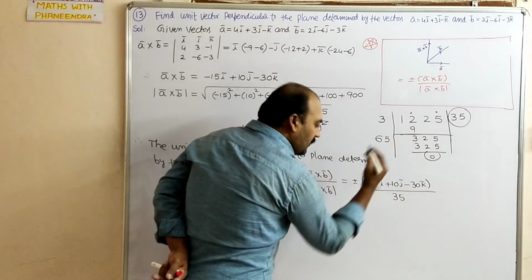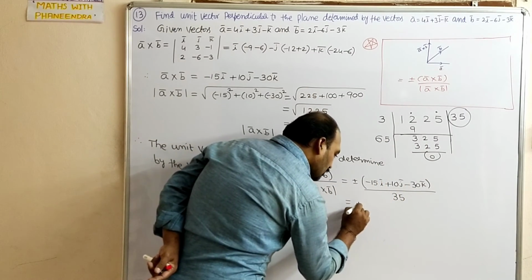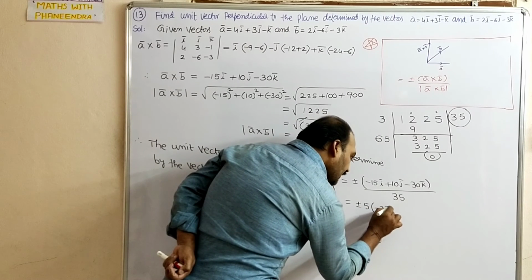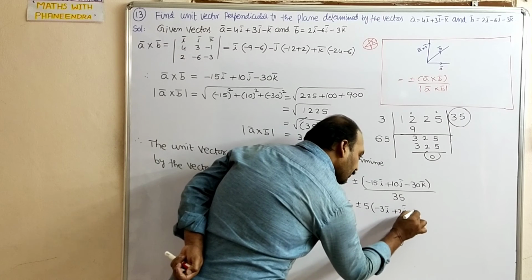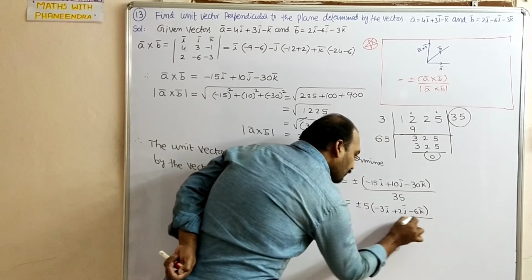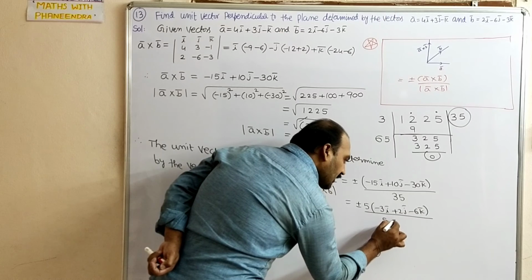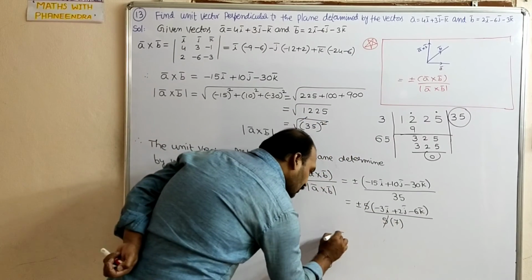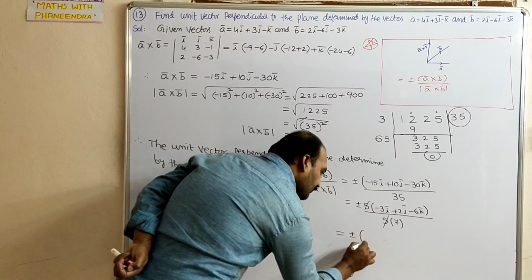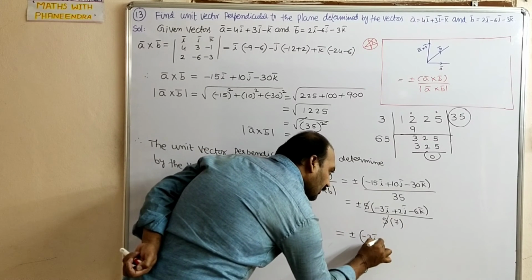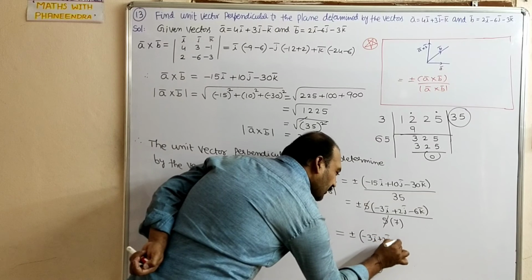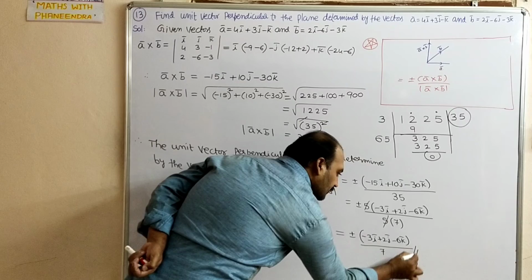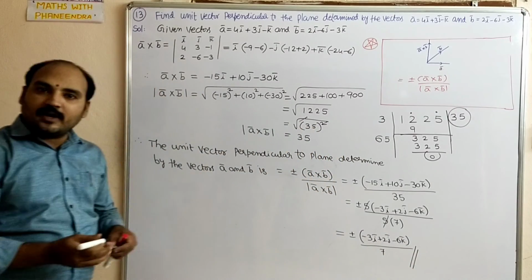So in the numerator you can take 5 common: plus or minus 5 into minus 3I plus 2J minus 6K, divided by 35, which can be written as 5 into 7. So 5 gets cancelled, which is equal to the required plus or minus (minus 3I plus 2J minus 6K) divided by 7, which is the required vector.